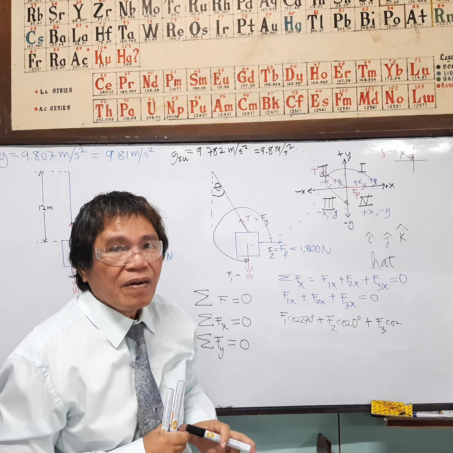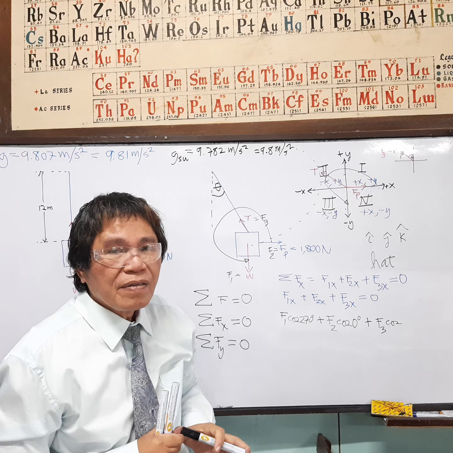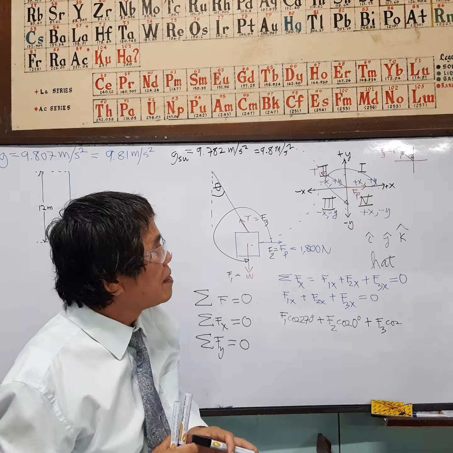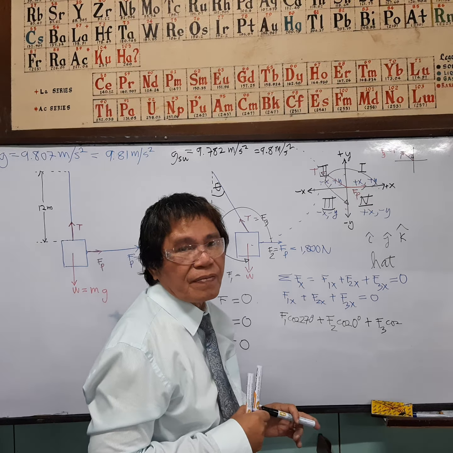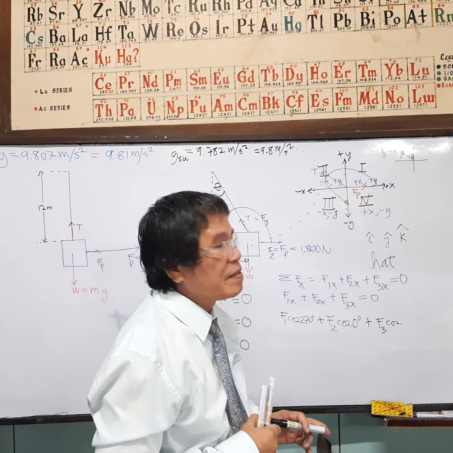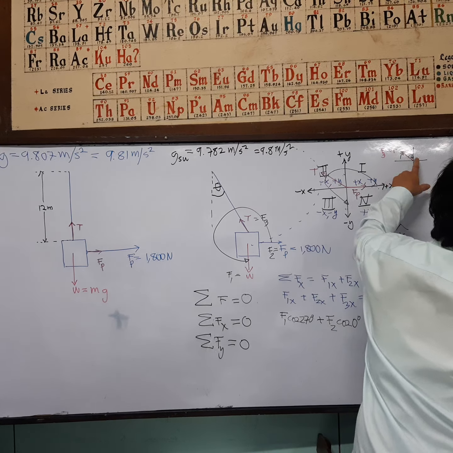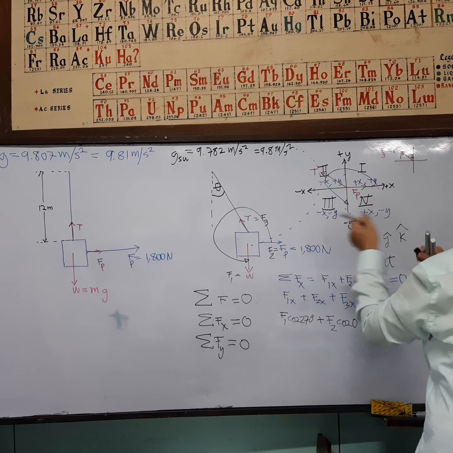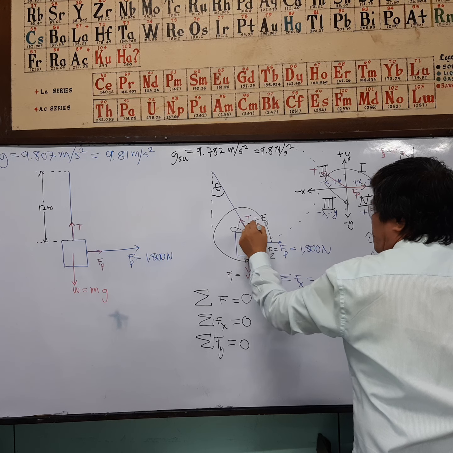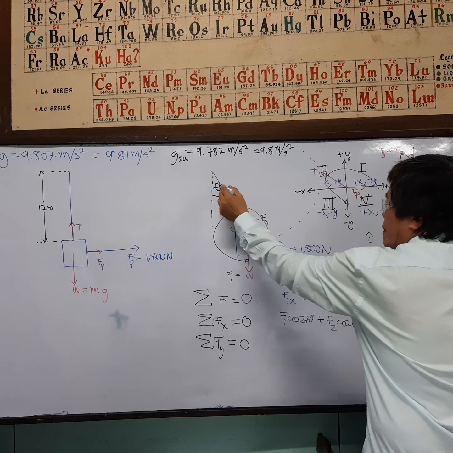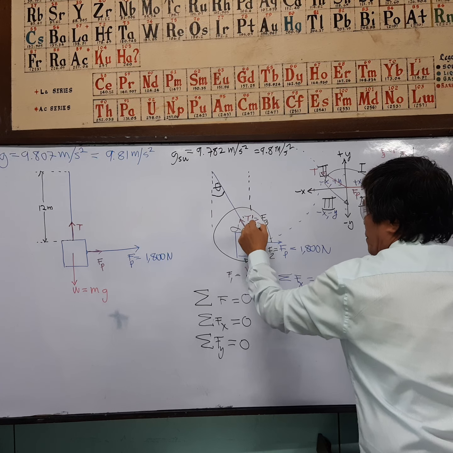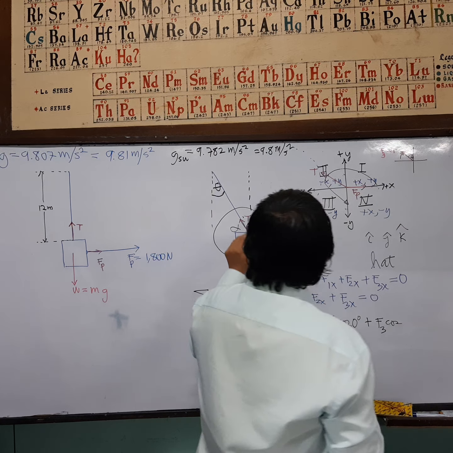If this is theta, we can call this one alpha. This angle is equal to this angle if we assume that. They are just equal.